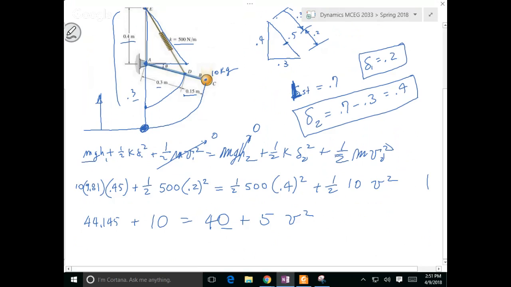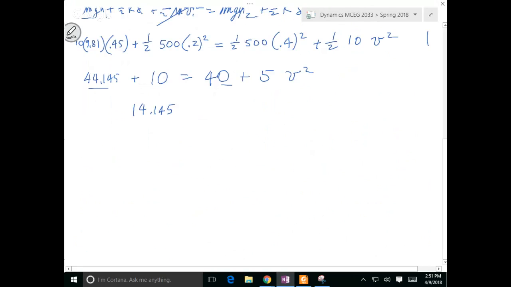So move that over, it kills off that, I get 14.145. Then I have to divide that by 5 and take the square root. 14.145 divided by 5, square root it, and I get 1.68.